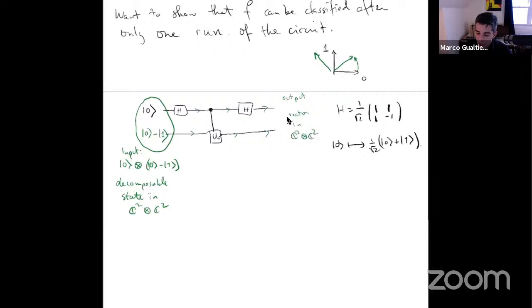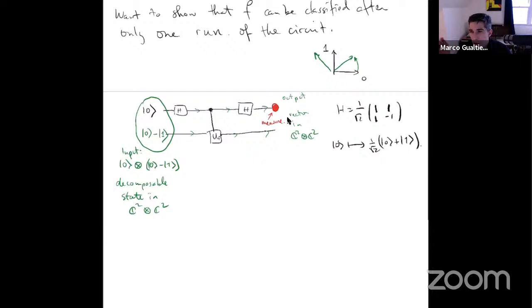And then what we're going to do is, I'm going to draw it with a red. Okay, we're going to measure here. At some point, there has to be a measurement. At the end of your circuit, there has to be a measurement. And you don't need to measure each wire of the circuit. You could measure all of them, or you could just pick one and measure it.